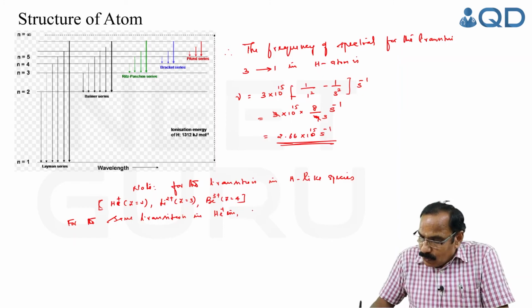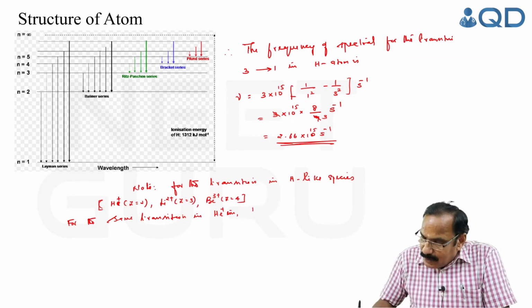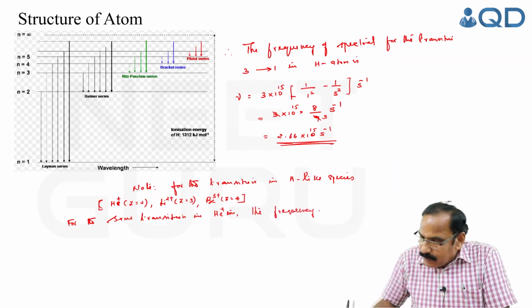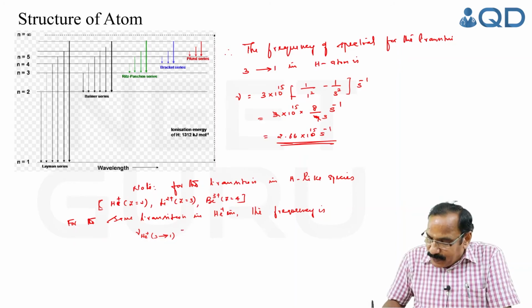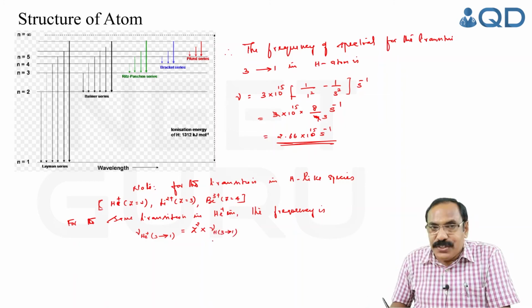So, the frequency of helium plus ion for the transition 3 to 1 is Z square into the frequency of hydrogen for the same transition.